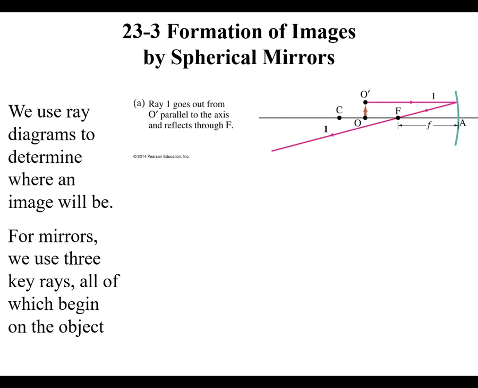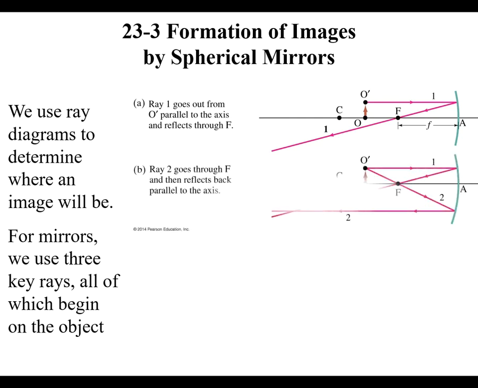We take a second point and we start at the object O prime here, have a light ray that passes through the focal point F, and then that reflects straight out. Notice how those two reflected rays now cross at one point.